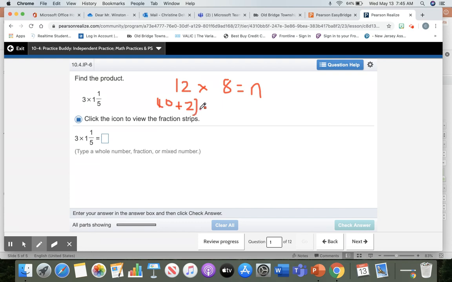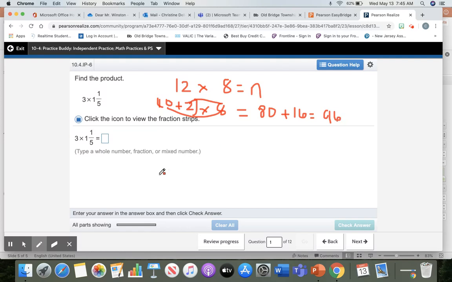So you do 10 times 8 first, which equals 80. And then you do 8 times 2, which equals 16. And then you add them together and you get 96.